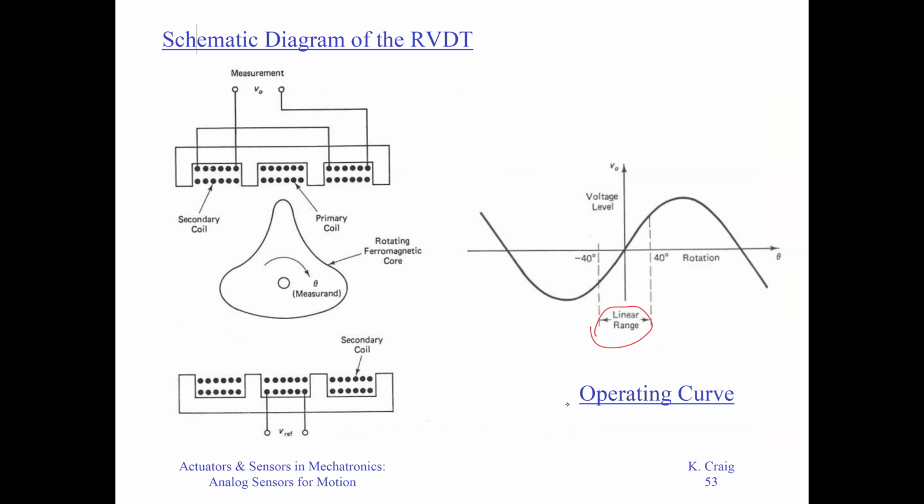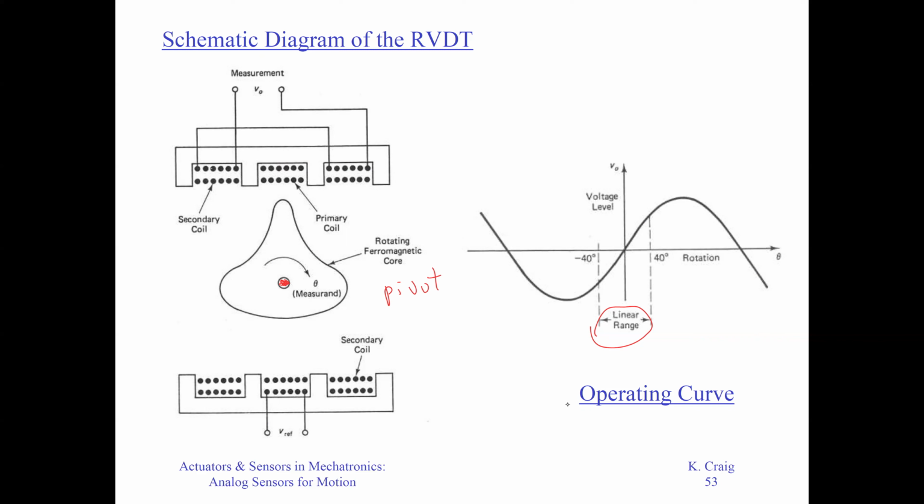Here is the idea. I still have the same primary and secondary winding coils. The primary coil produces the magnetic field. Then you have this pivot point, and then you have left and right rotation.